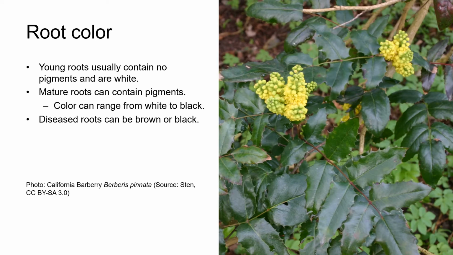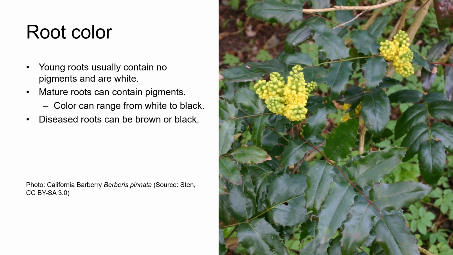Most folks think of plant roots as being white or creamy white, and young roots usually are because they contain no pigments. But as roots develop, they can become pigmented, and it's not uncommon to see healthy roots that are white, creamy white, black, dark brown, purplish, pinkish, or yellow.